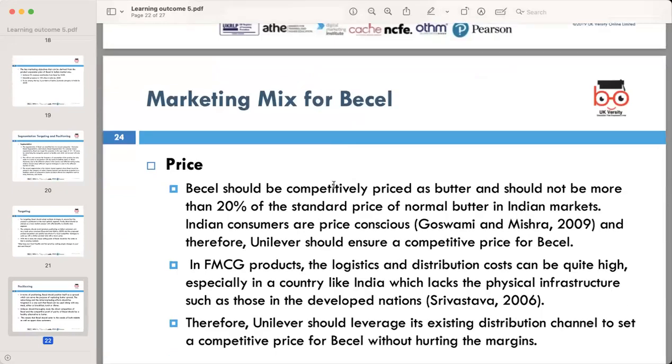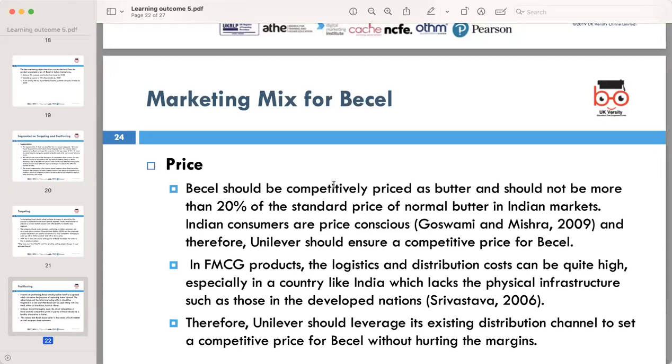Okay, so the next one is price. To effectively penetrate the Indian market, Basil should be competitively priced, not exceeding 20% of the standard price of regular butter. So the pricing strategy aligns with the price conscious nature of Indian consumers.